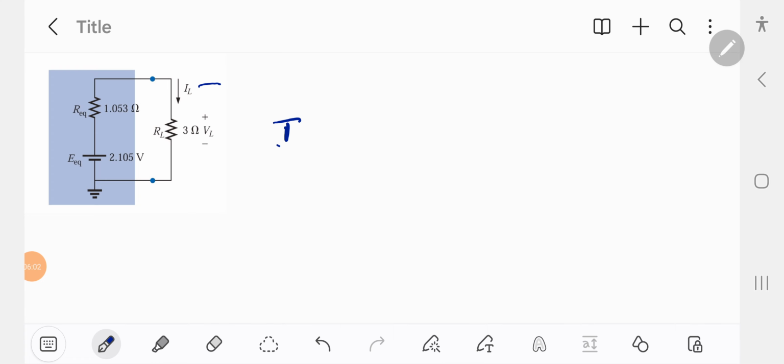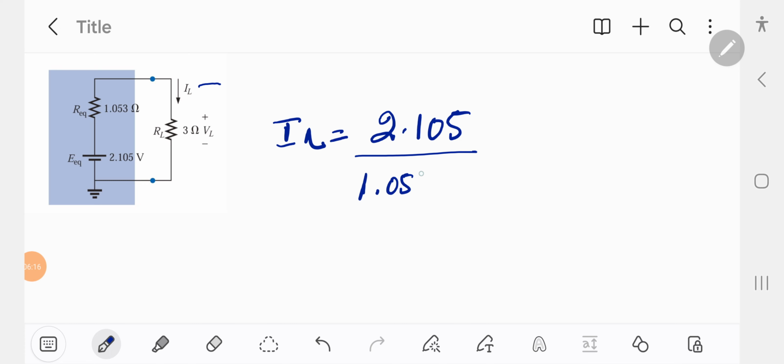So V is 2.105 and we have two resistances, 1.053 and 3 ohm. When we calculate, this is equal to 0.519 ampere.